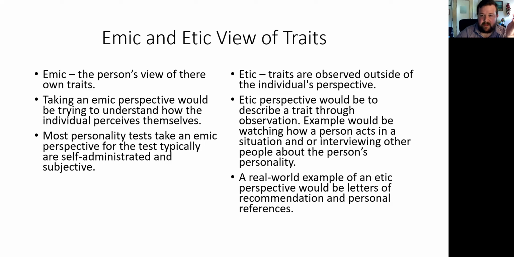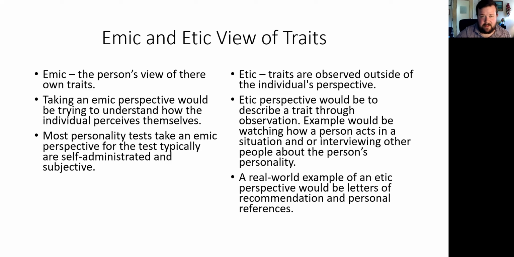And if we think about a real world application of this, a letter of recommendation or references is taking an etic perspective. Someone else is describing your personality characteristics with the hope that those personality characteristics are going to be relevant and present for the future job or situation that those references are relating to.